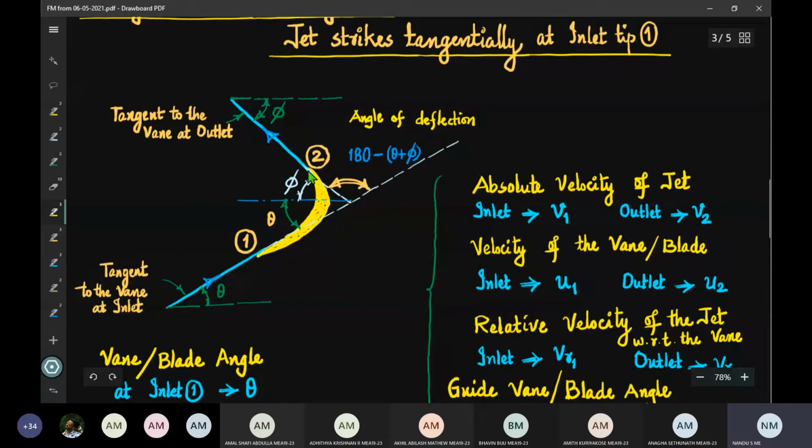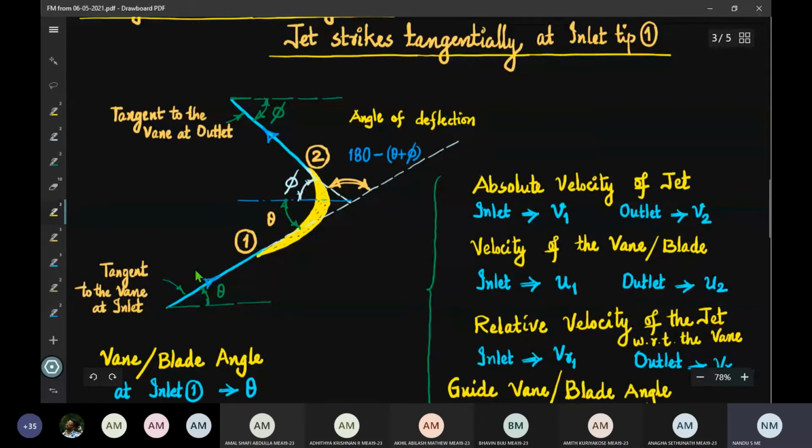So if you extend the tangent at 1 and the tangent at 2 backwards, they will meet at a point here. And if you extend the inlet tangent further like this, and the outlet tangent backwards here, just consider the geometry of the diagram.